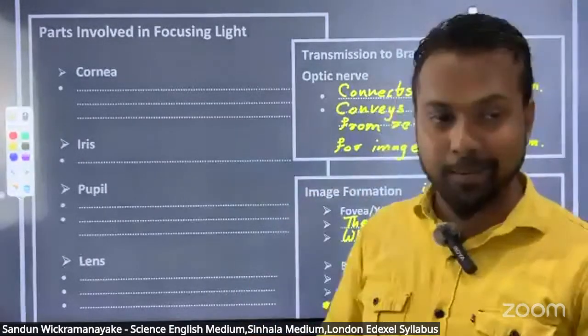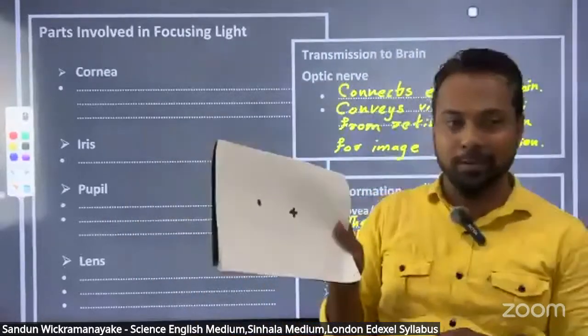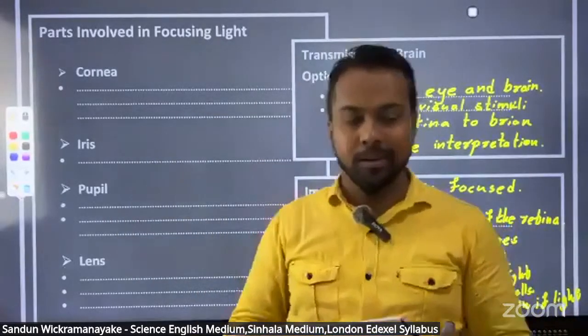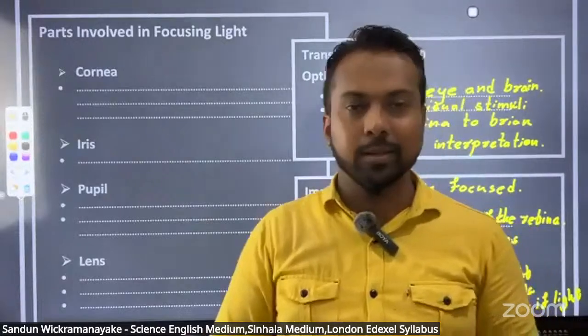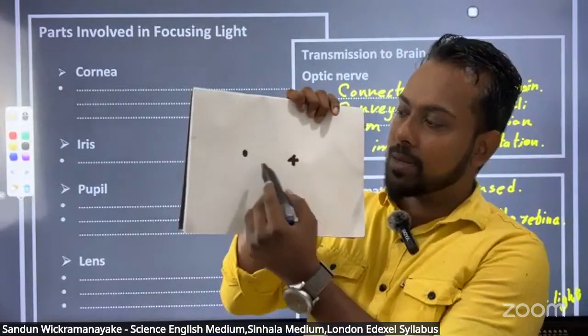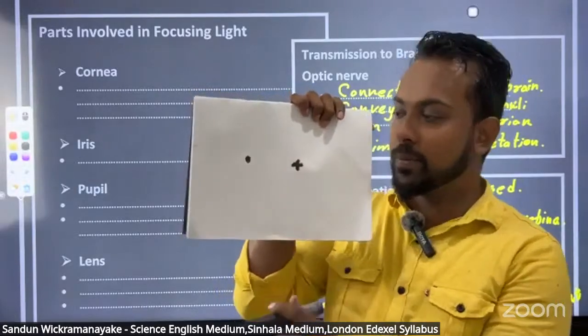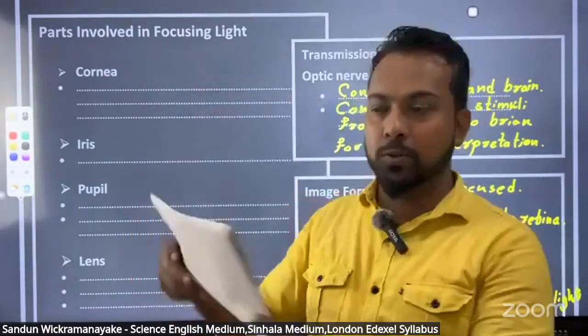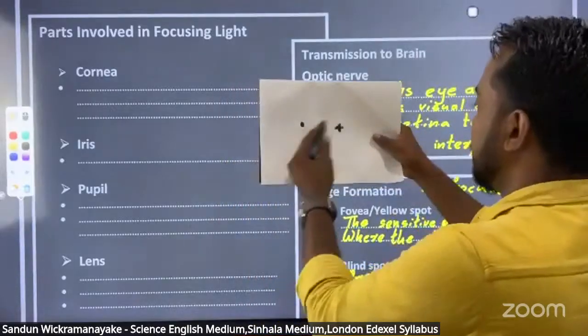After that, take a plain sheet of paper, a blank sheet, and draw it like this: a black color dot and a cross. You need to focus it.